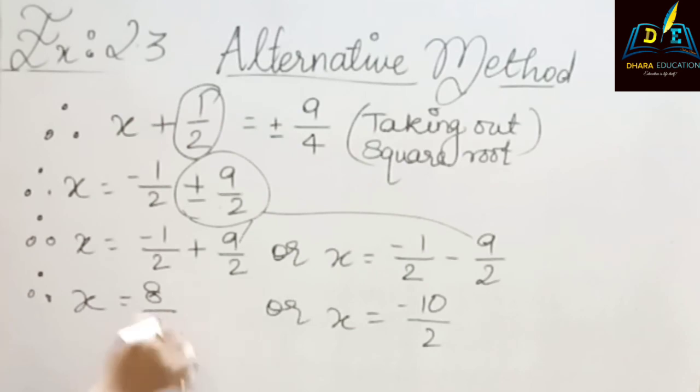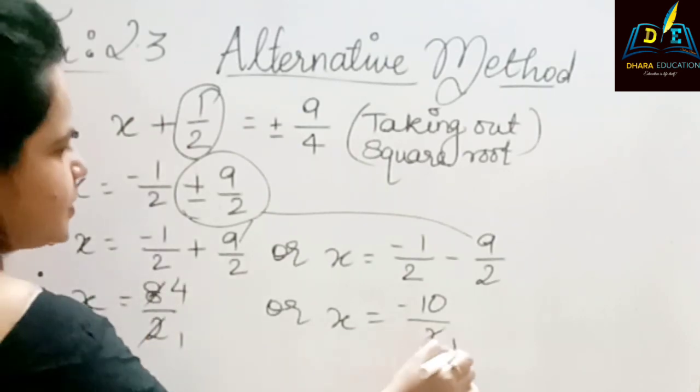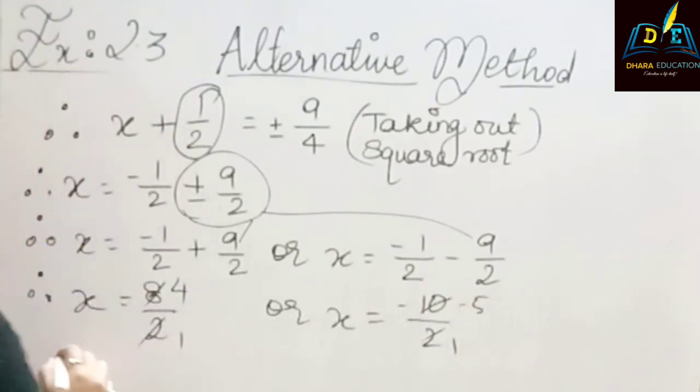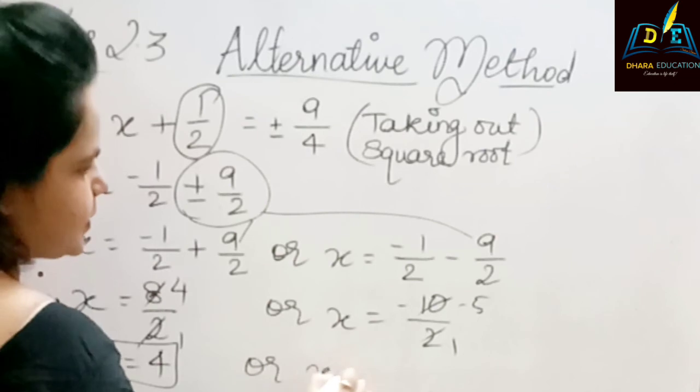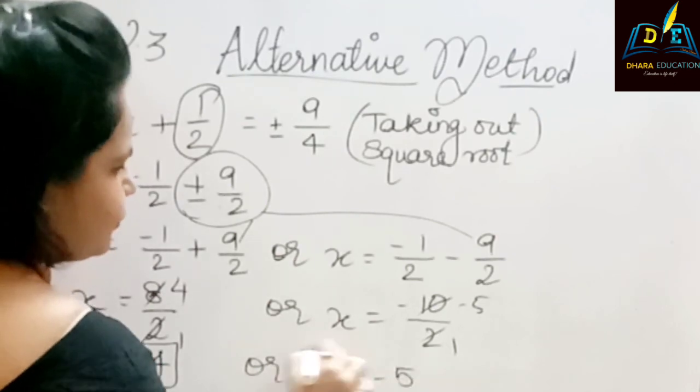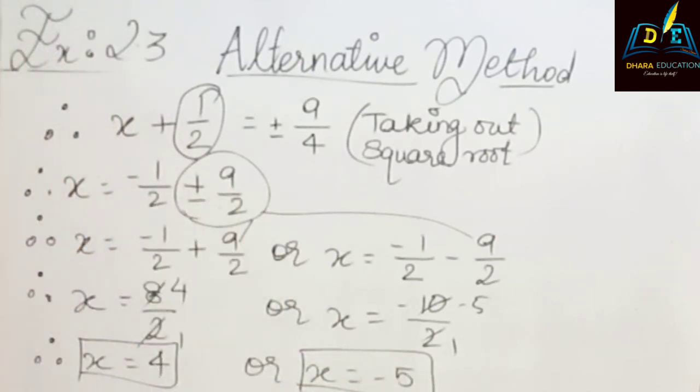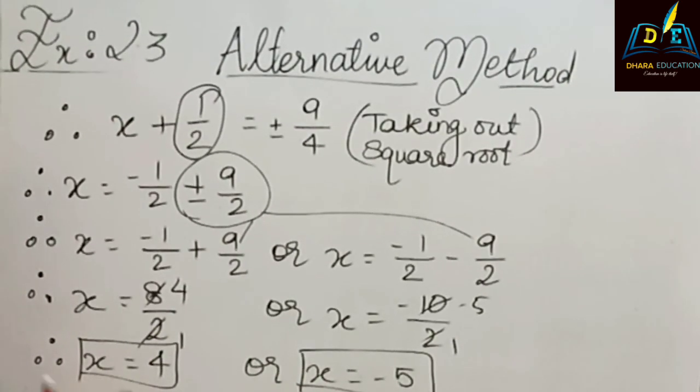By dividing, we get x equals 4, or x equals minus 5. So this was another alternative method. In the alternative method also, you just need to focus on the second step, and that's it.